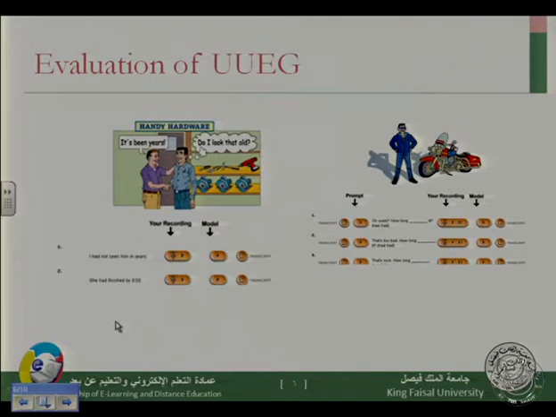You speak the answer, and then you get the model answer, the correct answer, and you compare the two answers and see whether you answered well or not. Here you get the transcription of the answer. When you click on the recording here, you have the chance to play it, to just listen to your recording.